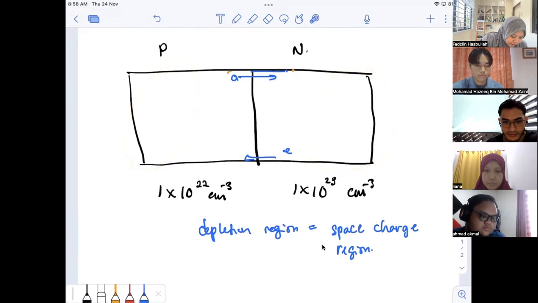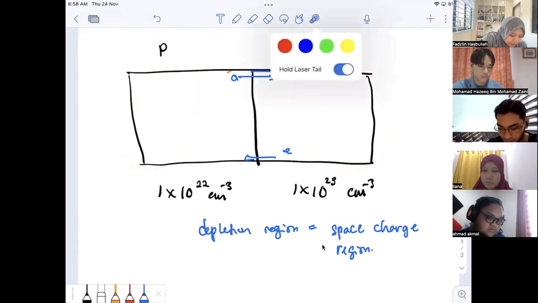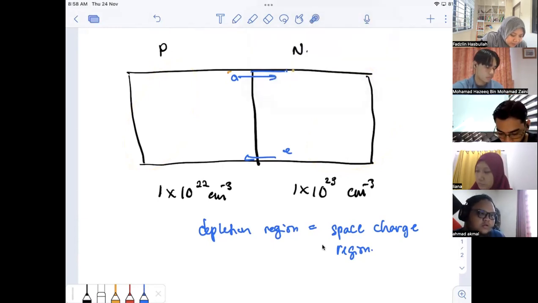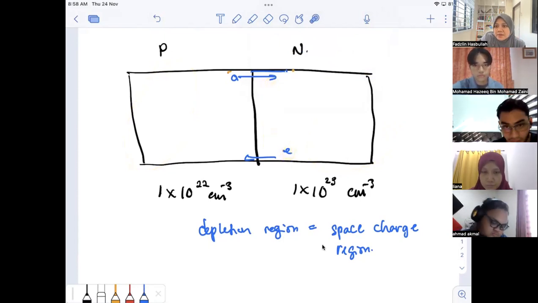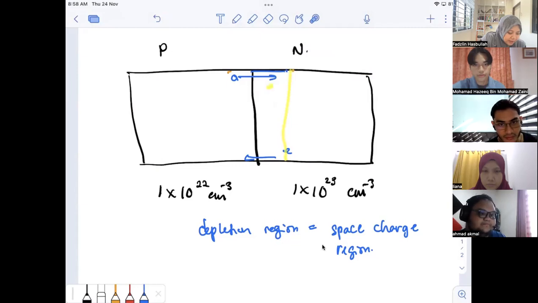Okay, so when an atom over here loses an electron, what's the charge? This side, if the atom loses an electron, the electron goes over here. What's the charge over here?